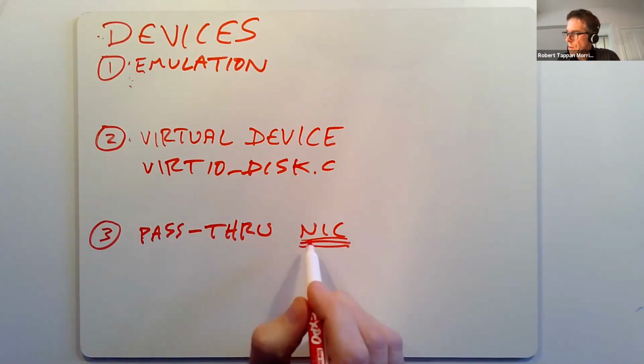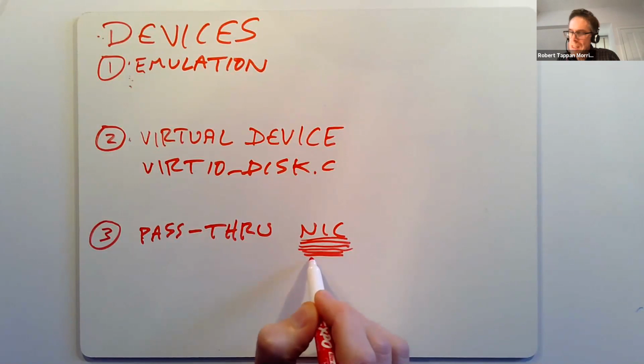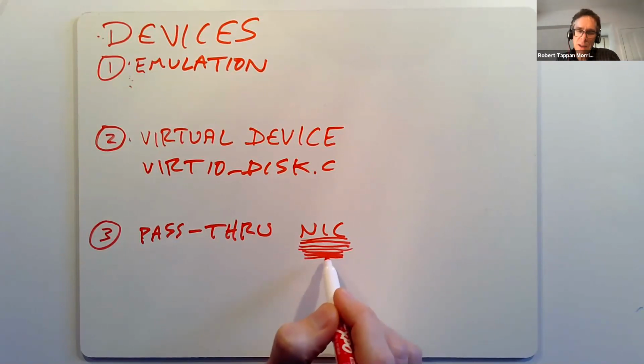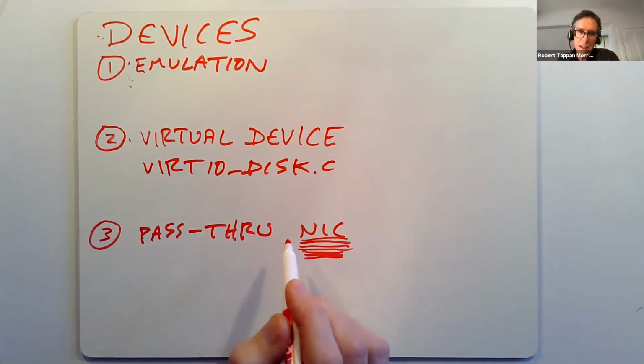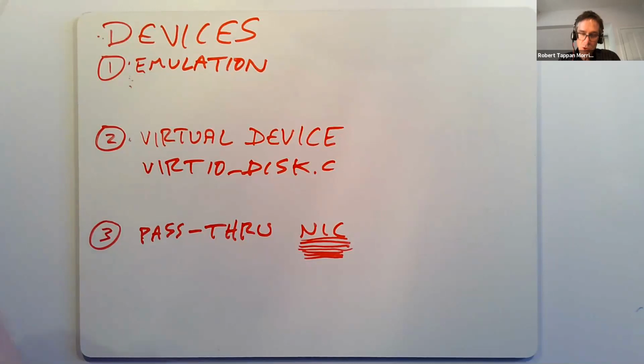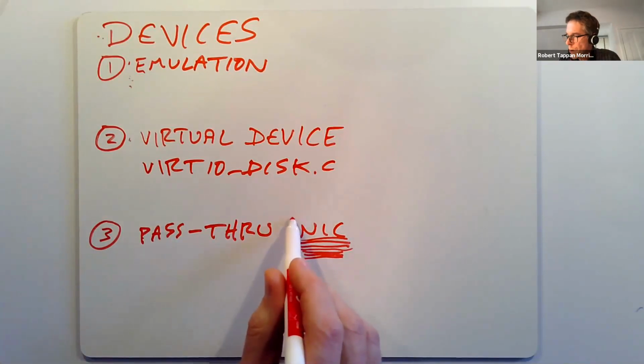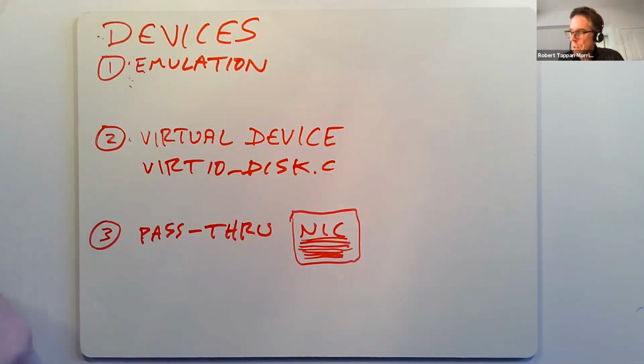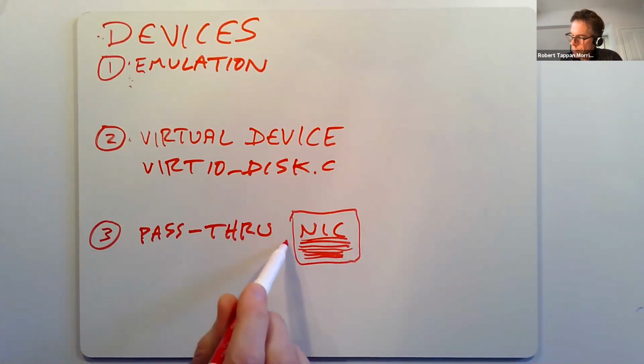And so you can configure a modern NIC to act as if it's multiple, apparently independent NICs, one for each guest operating system. And then the virtual machine monitor can configure it so the guest operating system is allowed to talk directly to its slice of the network interface card hardware with very high efficiency. So this is the modern high performance way.